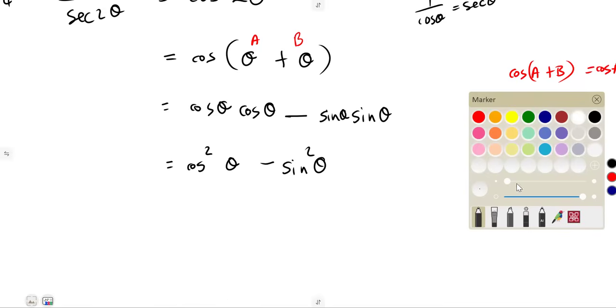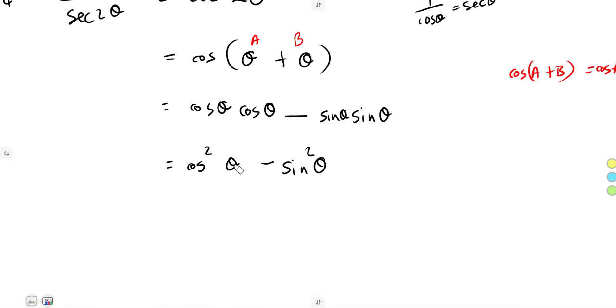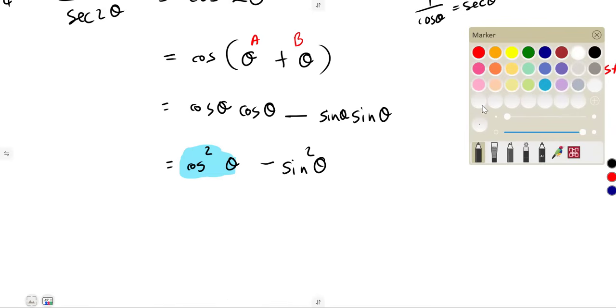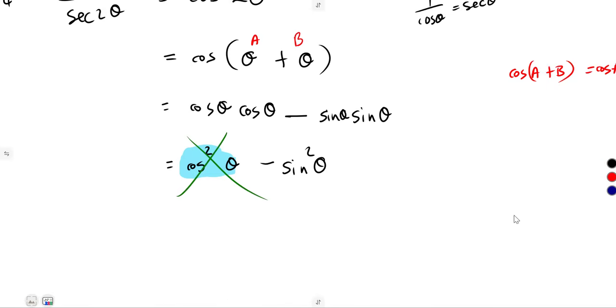So meaning to say, we must find another identity which has cos squared, so that we put what is equivalent to that cos squared. You do not just say, okay, I do not need this, so let me cancel. No. You must put what is equivalent to that. From our Pythagorean identity, cos squared plus sine squared gives us a 1.